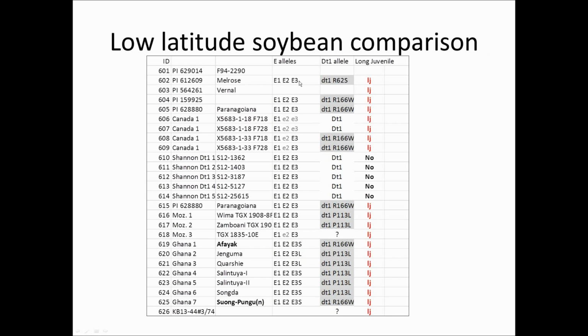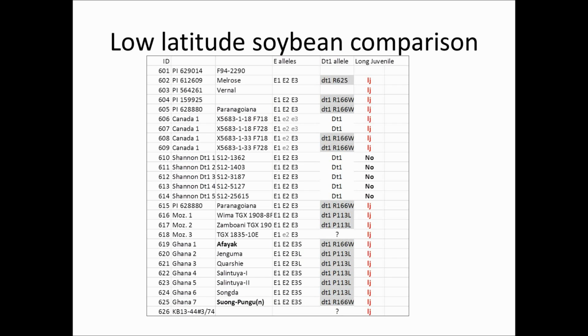We genotyped that, and although it was backcrossed, I believe, into the Sprite version that I don't recall, it has functional E1 alleles as well. So this is just a preview of the things that we're thinking about: putting our E genes, the determinate plant growth architecture, together with what we can figure out about any sources of long juvenile to understand flowering time, maturity, and eventually yield of those materials.